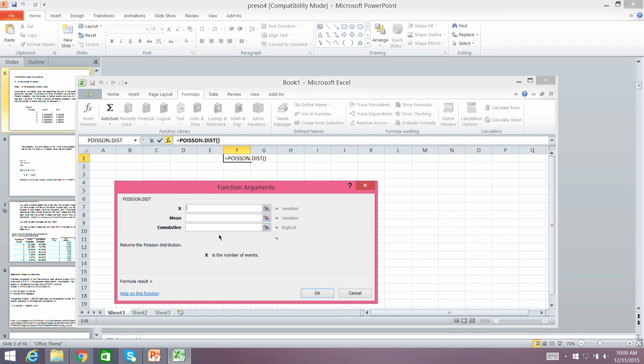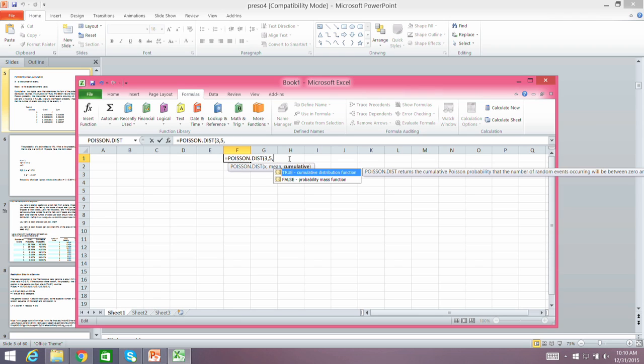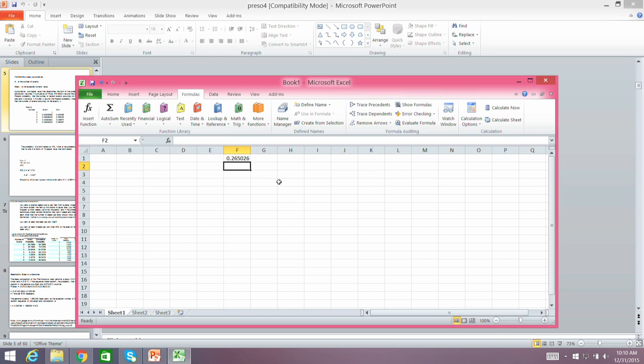So X is the number of events, mean 5 for example, I want to look at say 3 and then I say true, and then I get this.